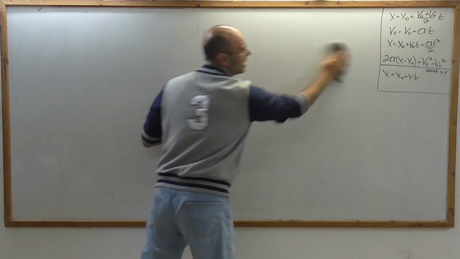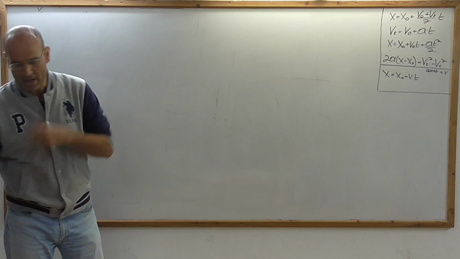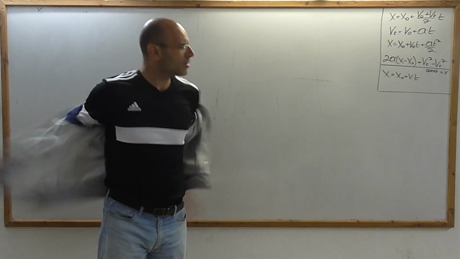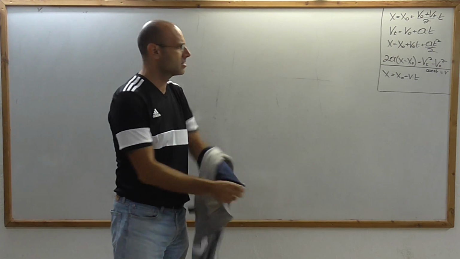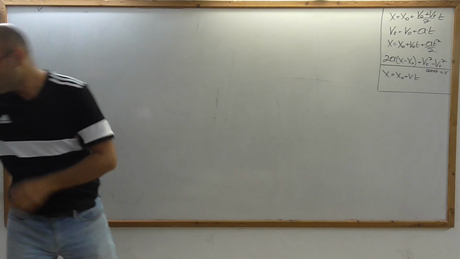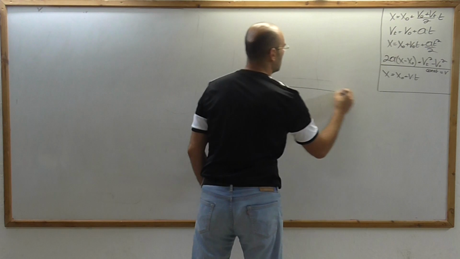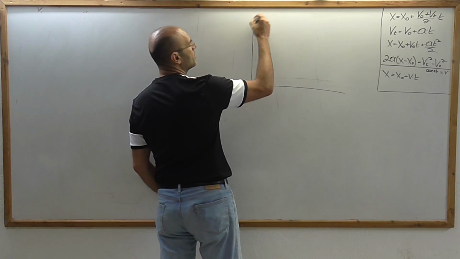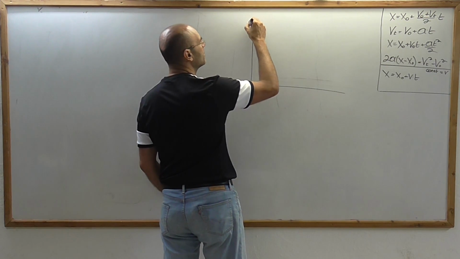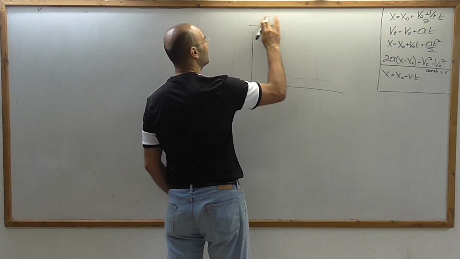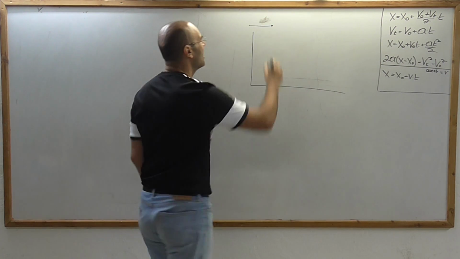Okay, I'll give you the main idea of these problems, the main questions that are usually asked in this kind of questions. Okay, so let's do this one. There's a plane here. I don't know how to draw a plane. A plane.